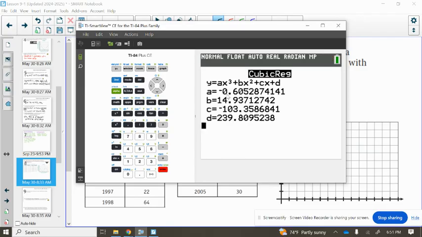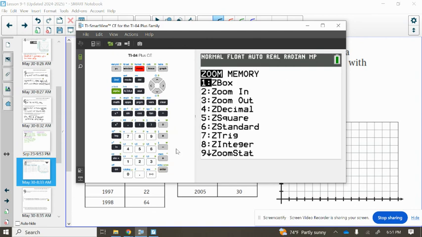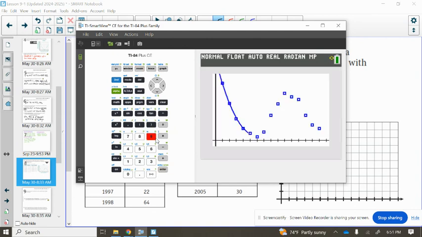And again, we are able to create this regression for our cubic to actually create that data. So if we go back under zoom stat so that we see we no longer want this quadratic because we need that extra turning point.